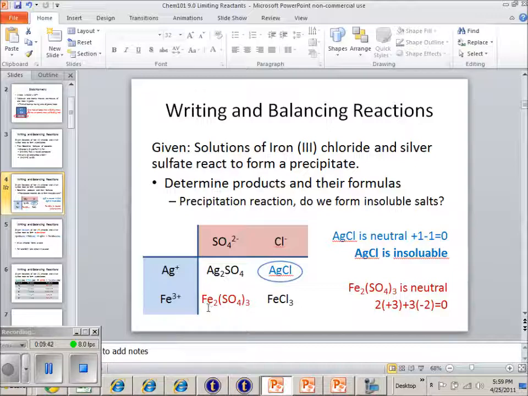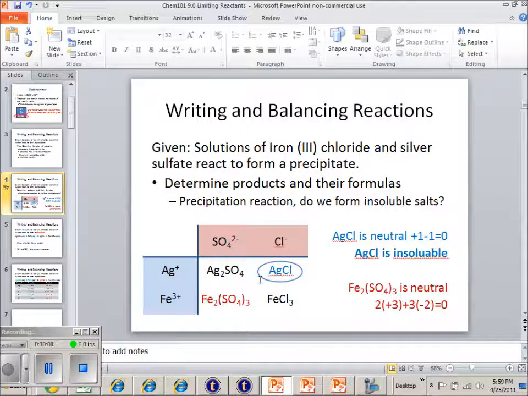So each iron is 3 plus, and each sulfate is 2 minus. So you use that crisscross trick to guess that this would be the formula, and it works out because 2 iron 3s is 6 plus, and 3 sulfates is 3 times negative 2, so that's 6 minus. So this whole thing has a neutral 0 charge.